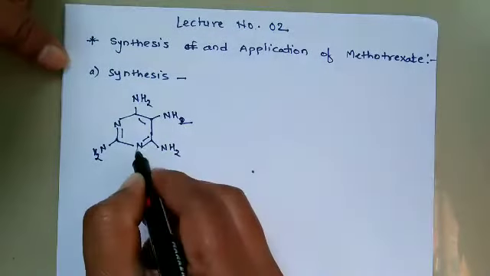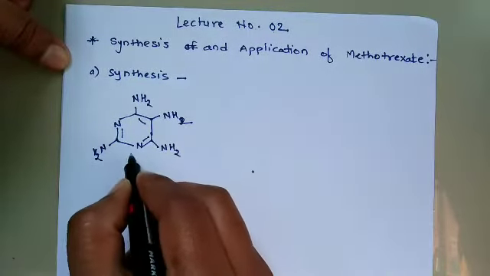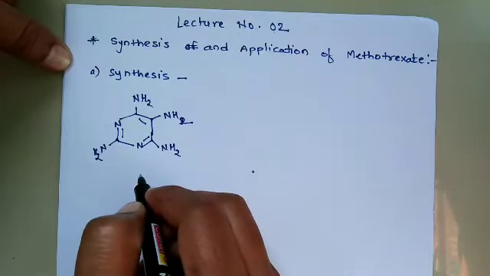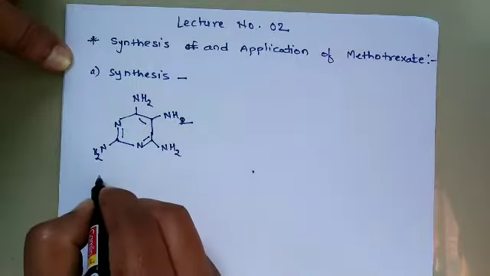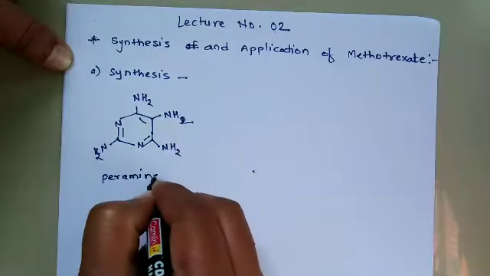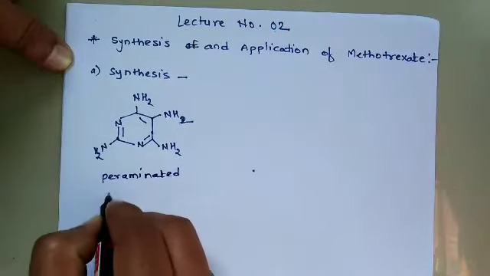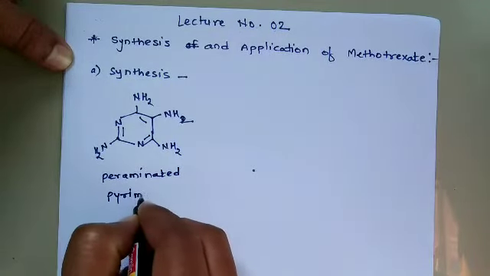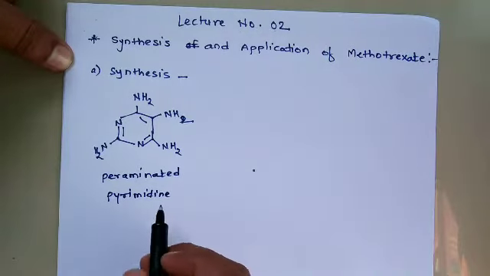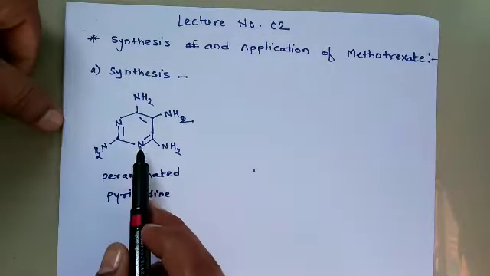That means all the other carbon atoms have an amino group, so it is pyrimidine. How to remember?